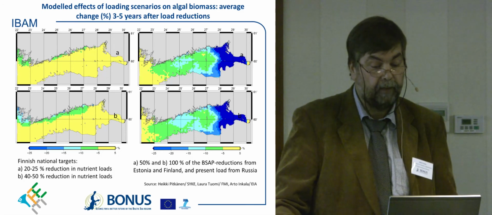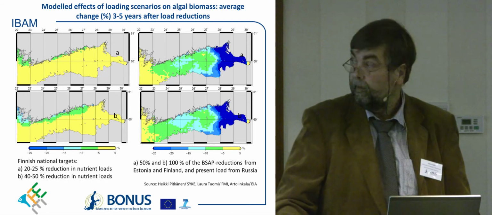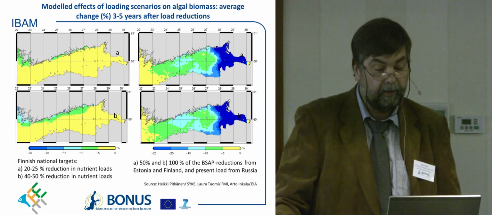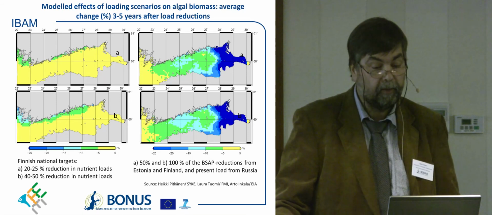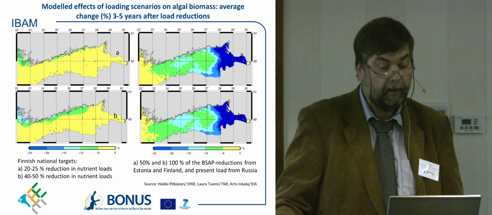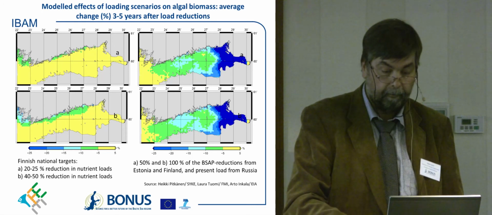But in a case all the countries come along, we go to the right-hand side, and then especially the already implemented reductions in St. Petersburg have a major impact on the water quality, and relatively big reductions can be seen.